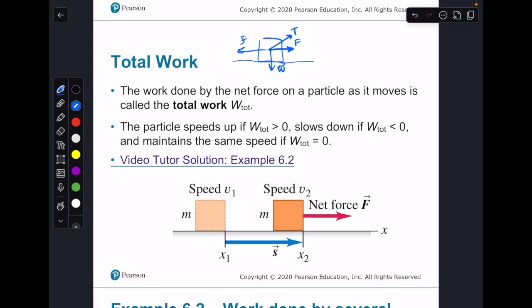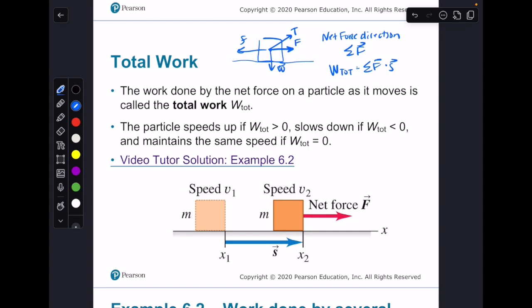If we were to add up all those forces and get the net force direction, then the total work being done would be that net force dotted with the displacement.